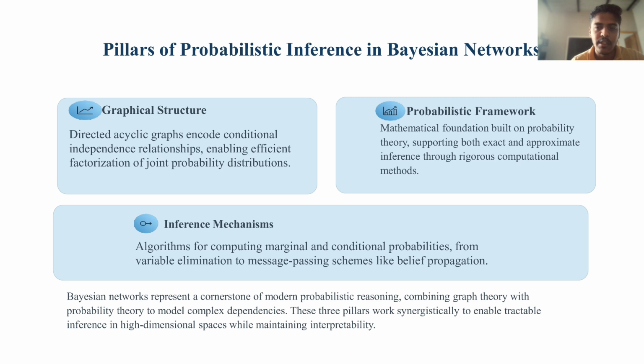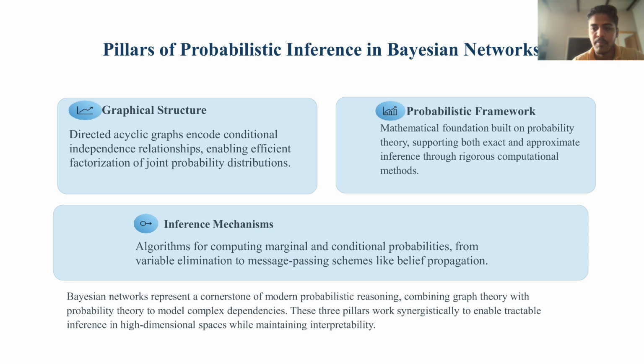Pillars of probabilistic inference in Bayesian networks. First is graphical structure, second is probabilistic framework, and third is inference mechanism. First one is graphical structure. A directed acyclic graph encodes conditional independence relationships, enabling efficient factorization of the joint probability distribution.